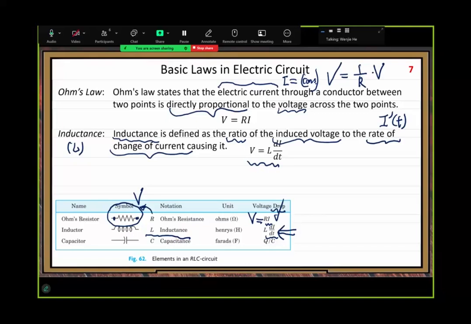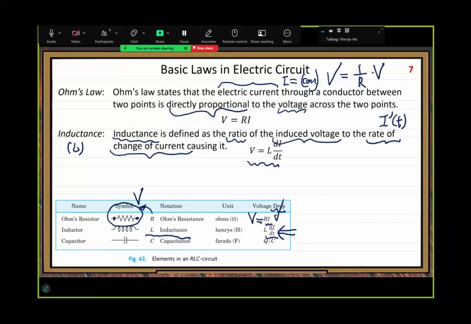But the question is, how do you define that inductance? In physics, when you introduce a concept, here the concept called inductance, how do you define that concept? This statement defines the inductance concept.